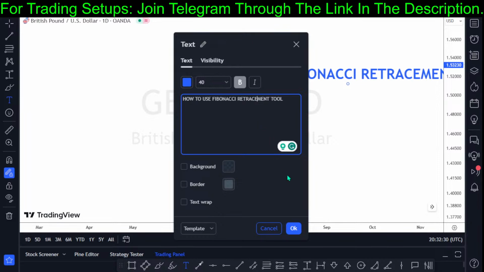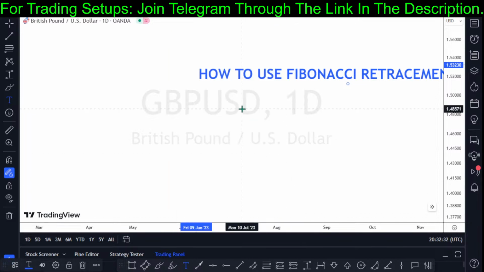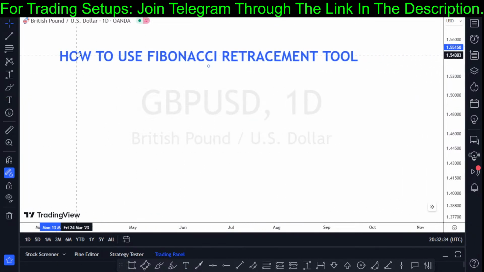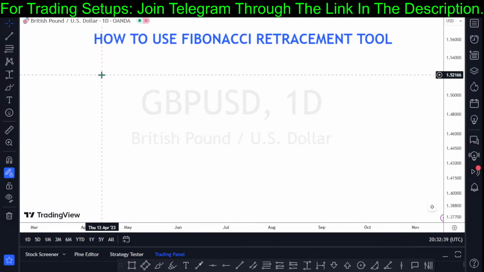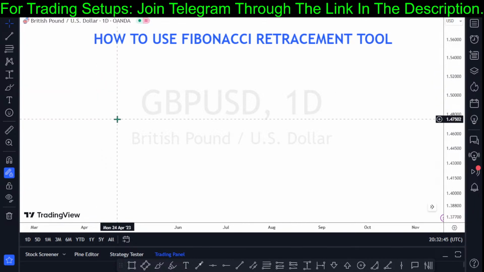This is what we're going to talk about today in this live stream, how to use the Fibonacci retracement tool. We are going to talk about how you can use it in the market.